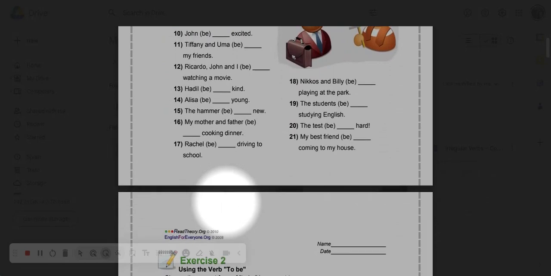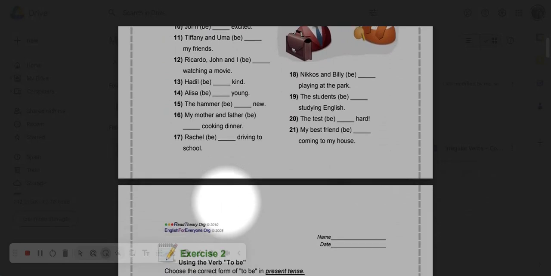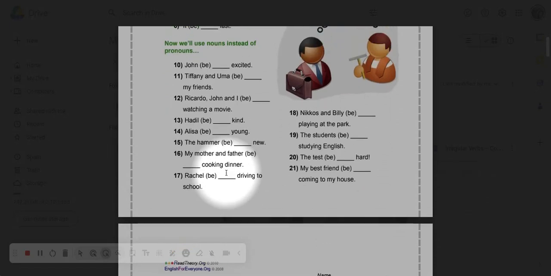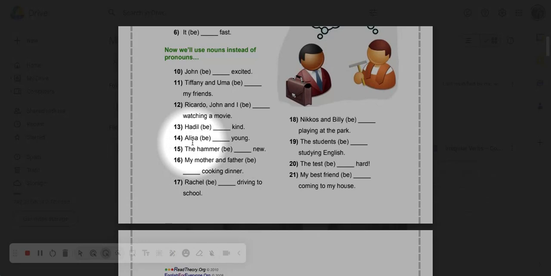I can also send you this handout so that you can print it if you have a printer, or you could pull it up just to practice with without listening to the video. Where was I? Elisa, number 14. Elisa is young. She is young. The hammer is new. It, no gender, no male or female. The hammer is new.